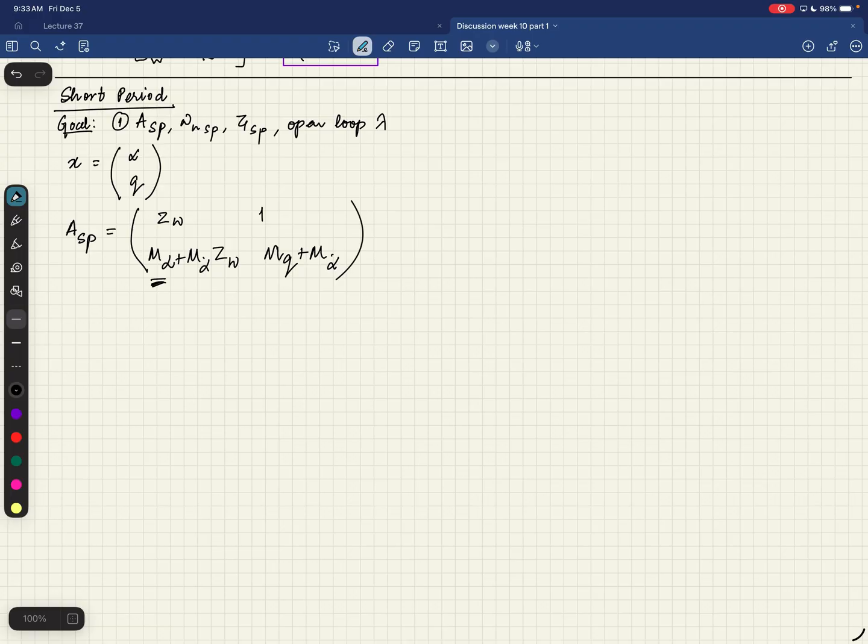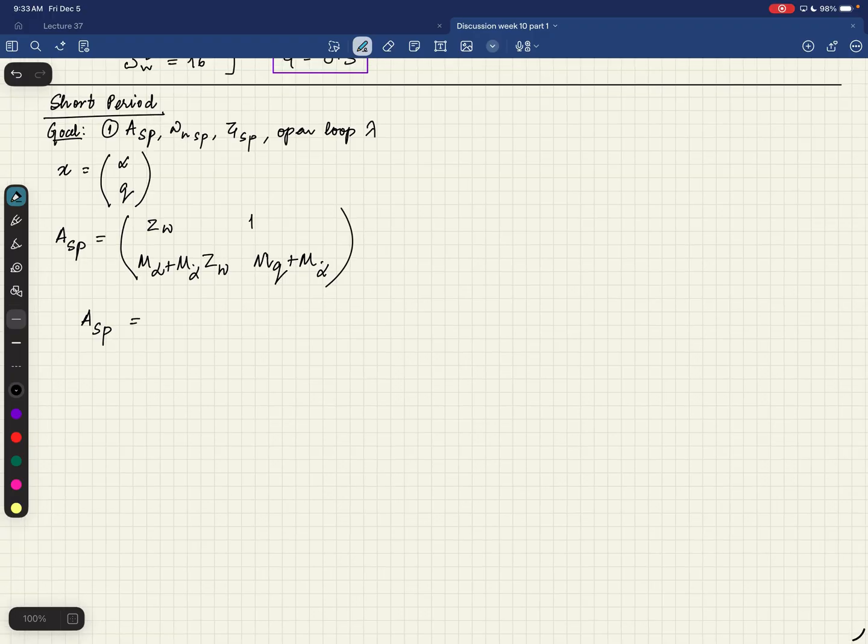Now if you plug in the values that you will see later while practicing, just for the sake of continuing this conversation, it comes out to be negative 2.02, negative 7.02. Now, how do you find the natural frequency and damping ratio? Eigenvalues. Okay.